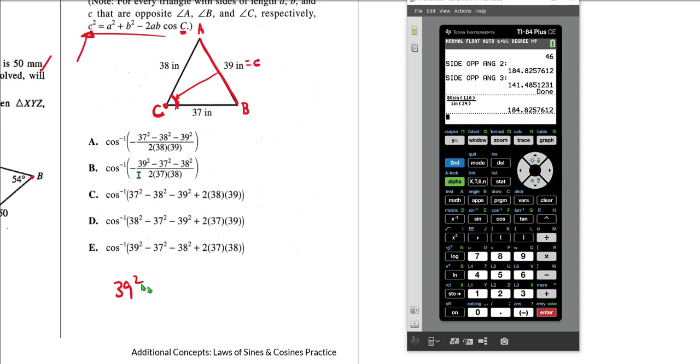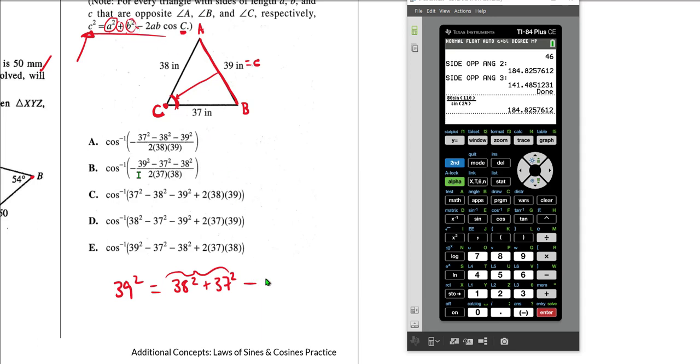So we are going to square 39. And then remember, always over here we have the sum of the squares of the other two sides. So I'm going to do 38 squared plus 37 squared. Then we always have, and again, we can use what's going on here, a squared plus b squared is, as I just said, the sum of the squares of the other two sides.